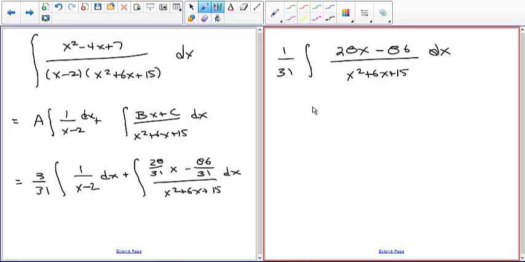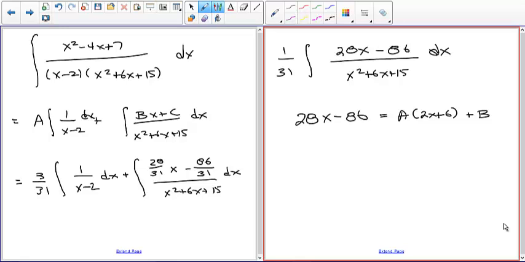What we said was we let 28x minus 86, and I'm going to use a and b. It's not the same a and b's, but it's going to be a times 2x plus 6 plus b, because this part is the derivative of the denominator here.